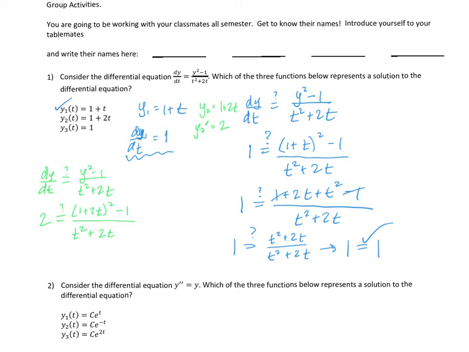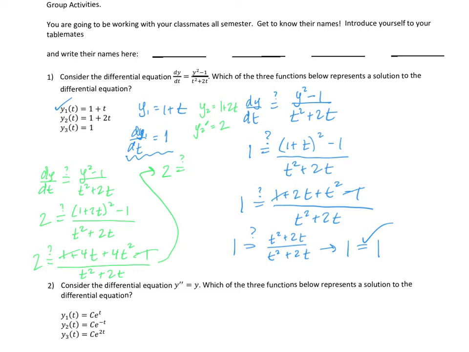Okay, so I'm going to simplify the right-hand side, and I get 1 plus 4t plus 4t squared minus 1 over t squared plus 2t. Those 1's go away, and I can factor out a 2 from my numerator. So I get 2.